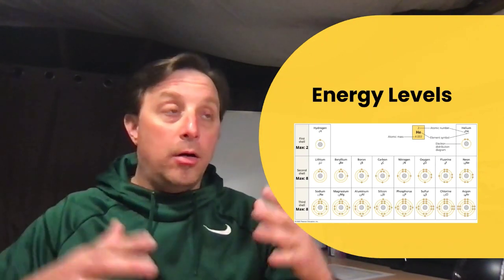When we think about these electrons in the energy levels, remember that these energy levels have a maximum capacity. For us, again, in biology, we don't need to worry about all the possible energy levels. It's really just the first 3 that we have to worry about.